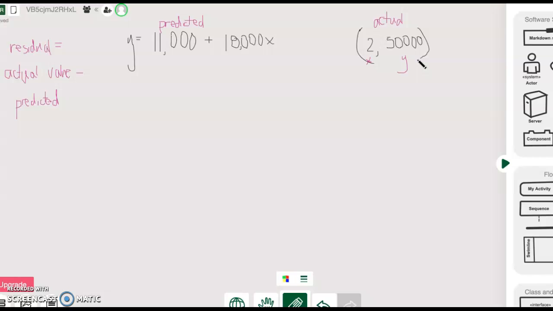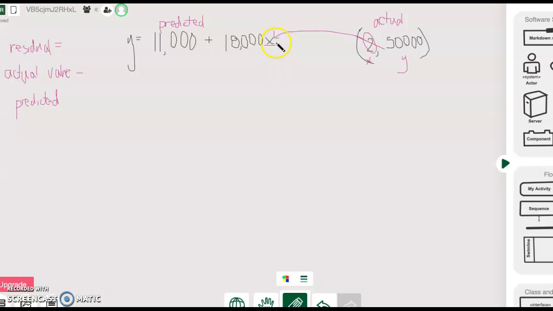So to calculate the predicted value using the equation, I'm going to ask myself, for a car that's 2 years old, what value would my equation predict? In other words, when I plug in 2 for X, what is the Y value I get out?